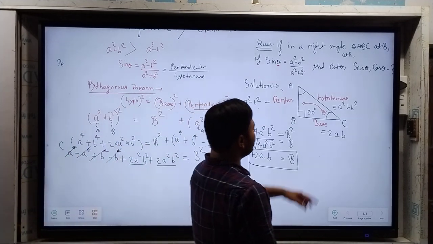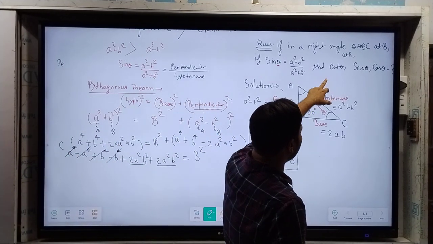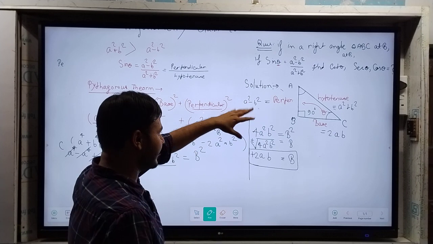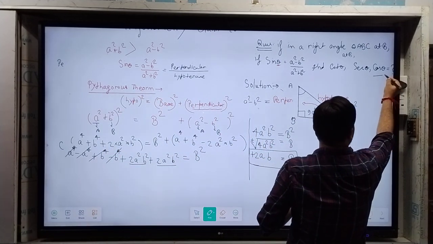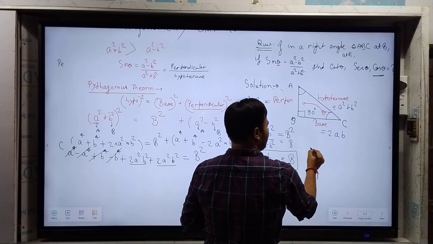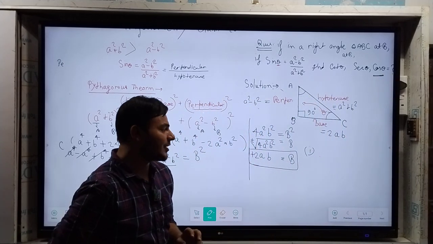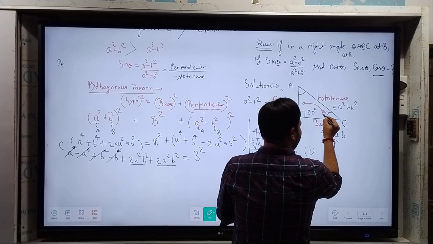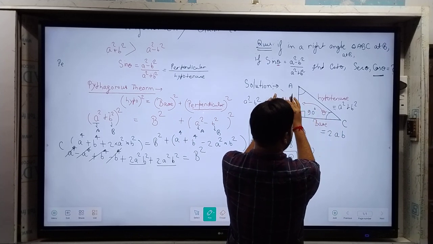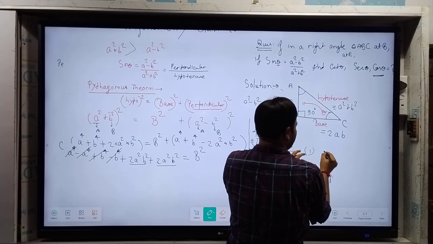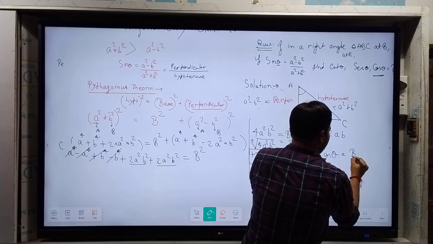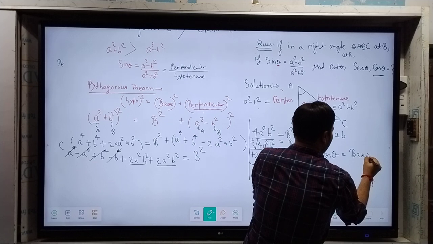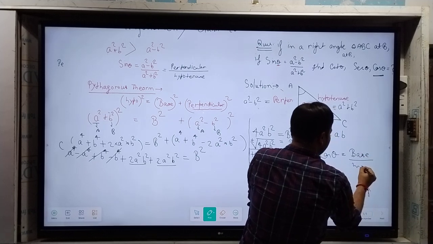Now in the question we have been asked for cos theta, sec theta, and so on. First we calculate cos theta. What will be cos theta? According to theta, this is the perpendicular, this is the base, this is the hypotenuse. The formula of cos theta is base upon hypotenuse.